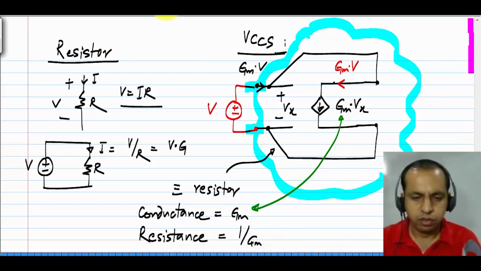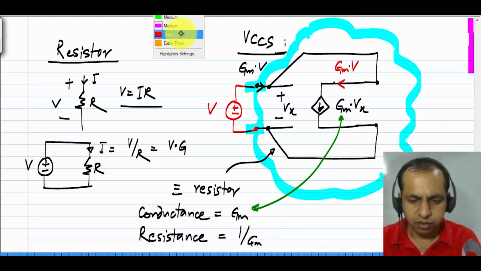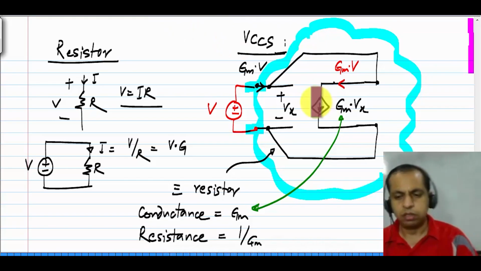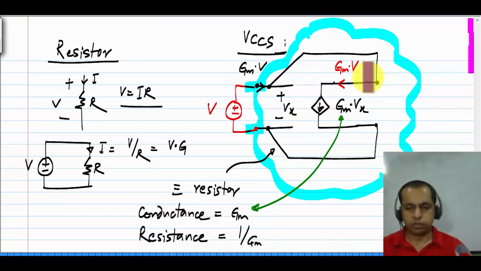So what do we have here really? We have a voltage controlled current source and the controlled current is connected back to the controlling terminals. So we end up with a two terminal element.